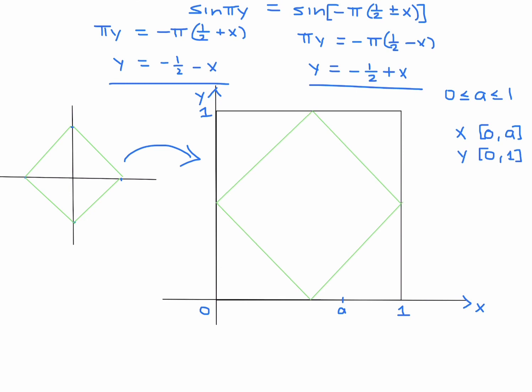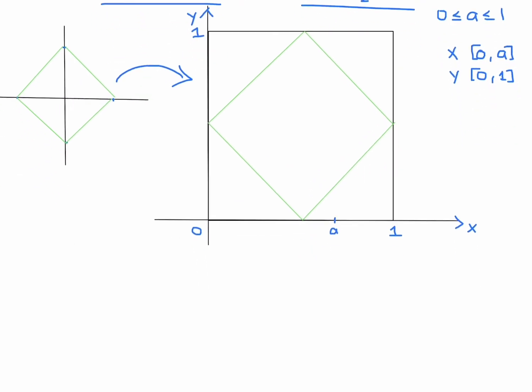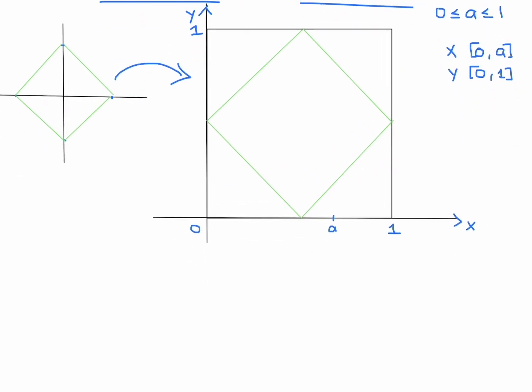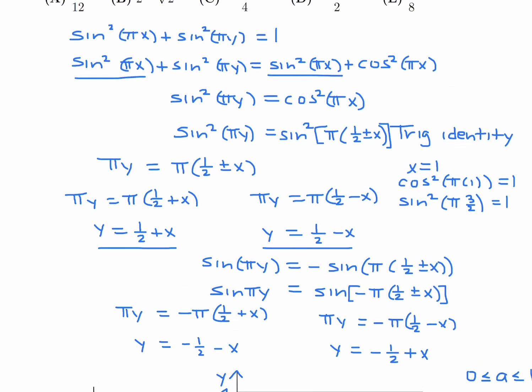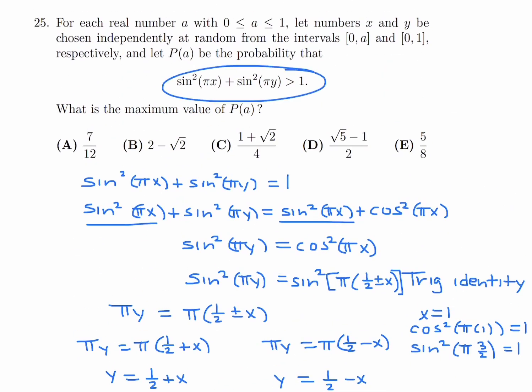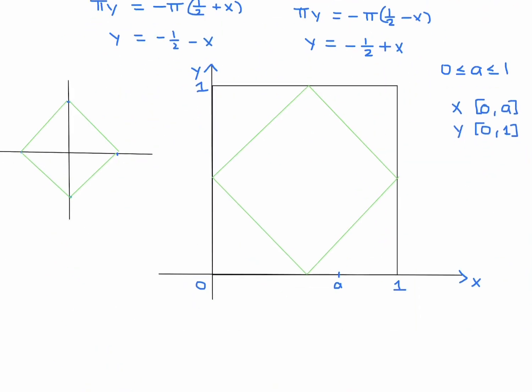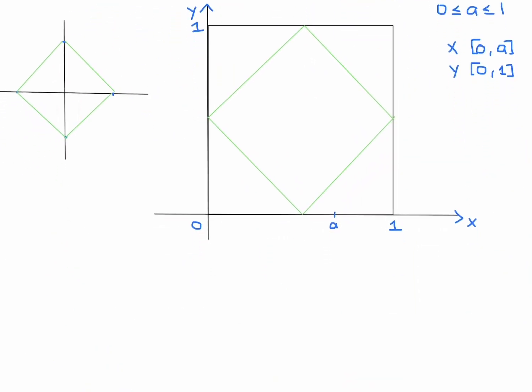Now we have to start talking about that P of a, that whole thing that they were discussing. P of a is the probability that that equation happens, the probability that this is greater than 1. Now it will be greater than 1 if it has values inside the shape.